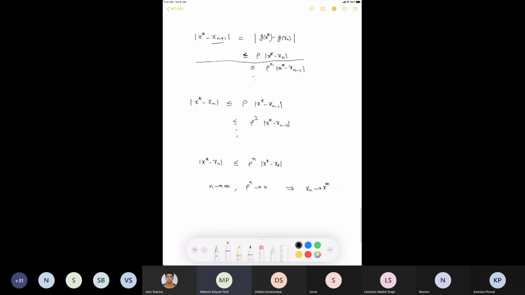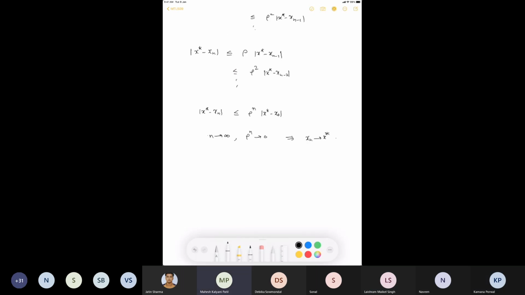So the sequence xn converges linearly, and the rate of convergence is rho here, right? But it can be bounded by rho.